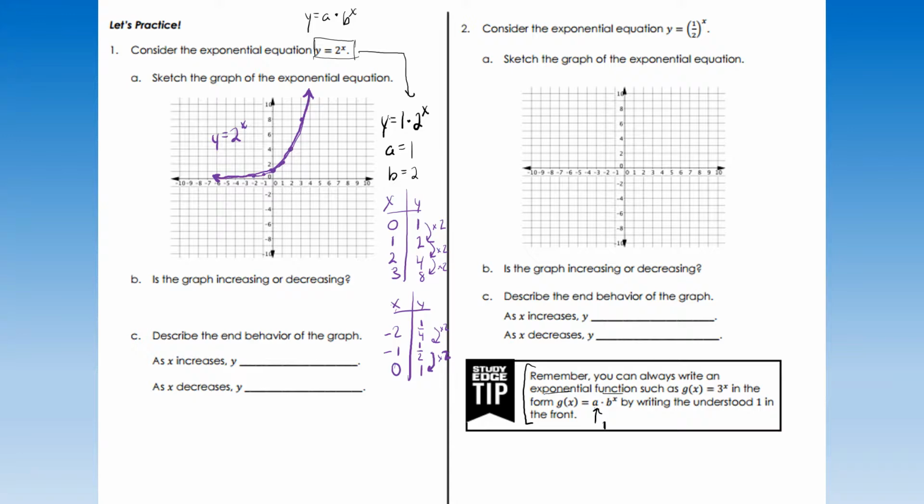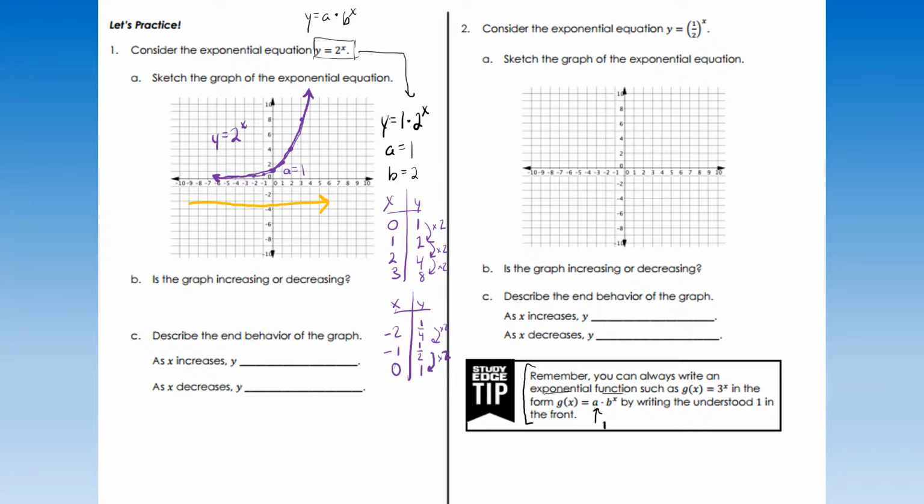The y-intercept is 1, so a is 1, and the common ratio is b. We're increasing by twice as much every time. So it says, is the graph increasing or decreasing? And what that means is as we look at the graph from left to right, what's happening with the graph that we sketched?